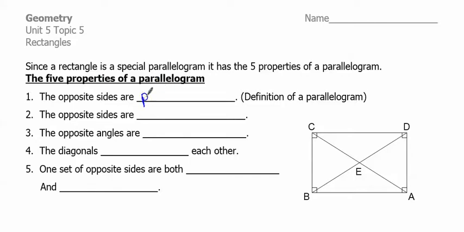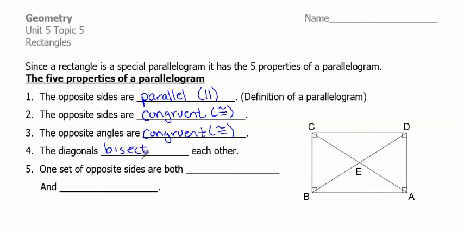Opposite sides are parallel. The symbol for parallel, that double L. We also know that the opposite sides are congruent. The symbol for congruent, opposite angles are also congruent. And the diagonals bisect each other.